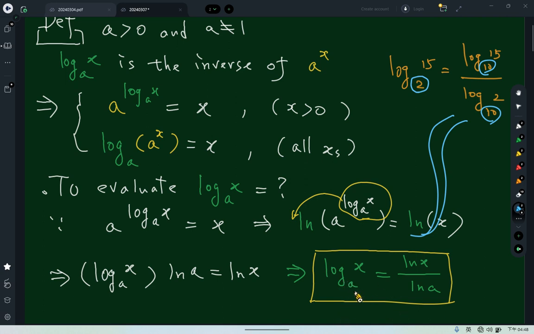This is a base-a logarithm function, but we can change it into the ln function. Sometimes we regard the ln function as e-based. So you can regard ln x as equal to log base e of x, and you can also regard this part as log base e of a, right? So the behavior is quite similar to this one.